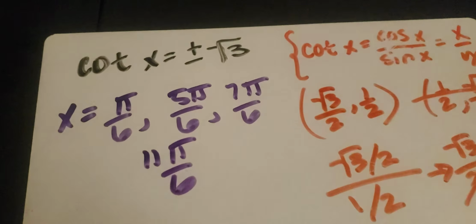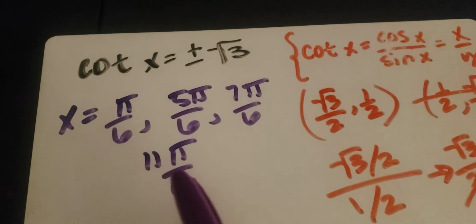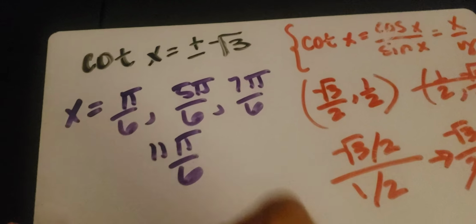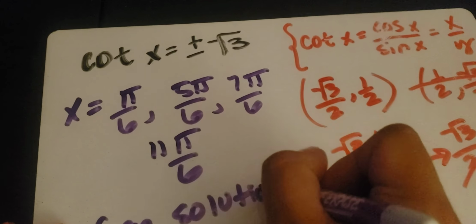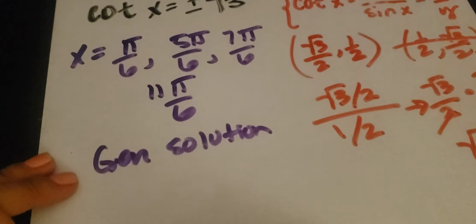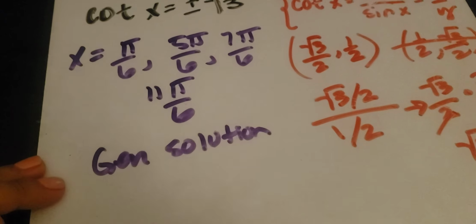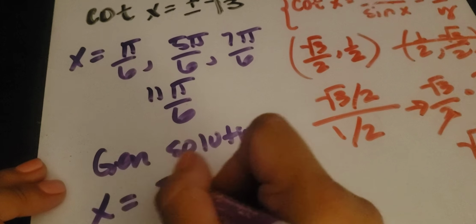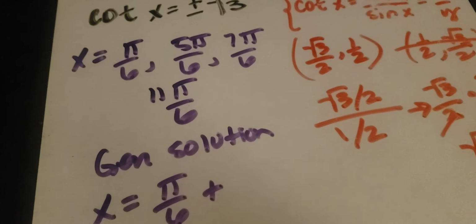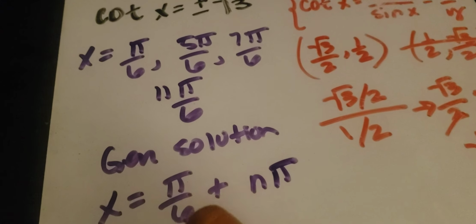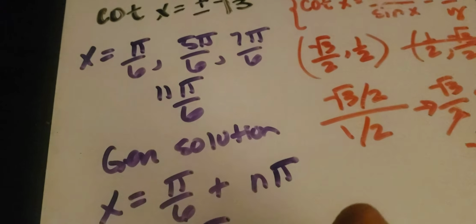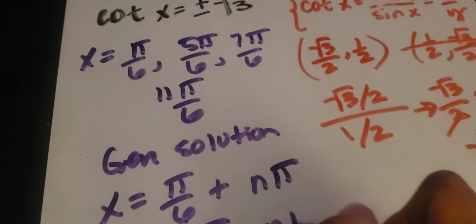But we don't need to write all 4, because for our general solution, I can just work with the first 2, since then it's every multiple. So it'll be pi over 6 plus n times pi, and then 5 pi over 6 plus n pi.